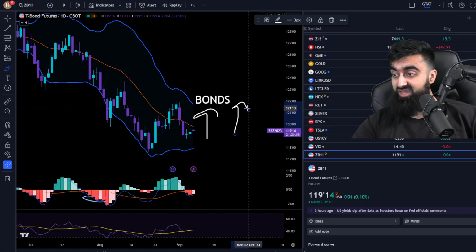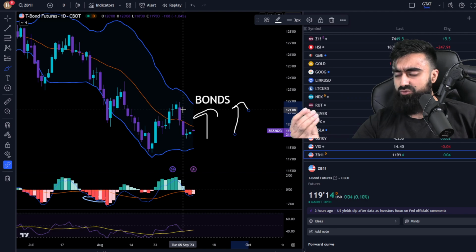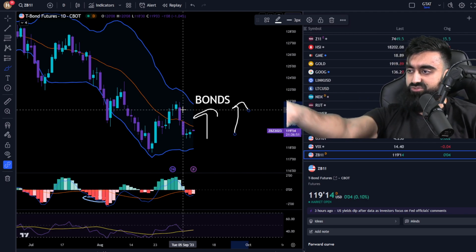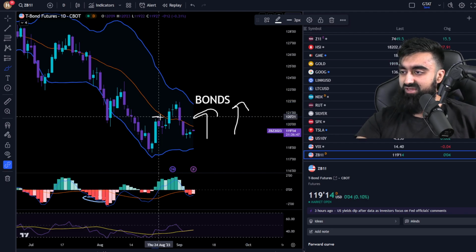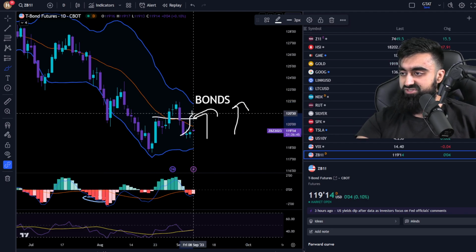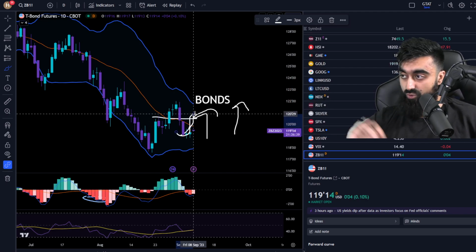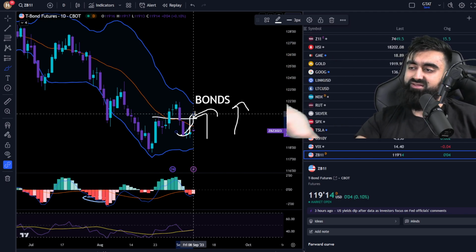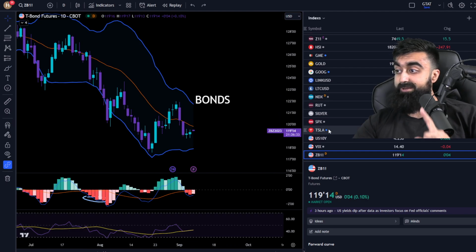But that only shows relevance if the bonds break above multiple important levels of resistance. So if the bonds broke above a major level of resistance, then the bullishness in the bonds would show in the overall market. But right now the bonds are just flat, not really doing too much.